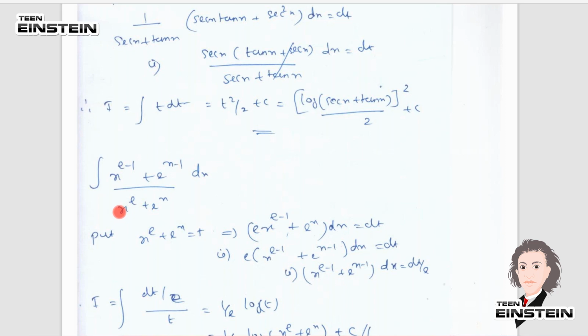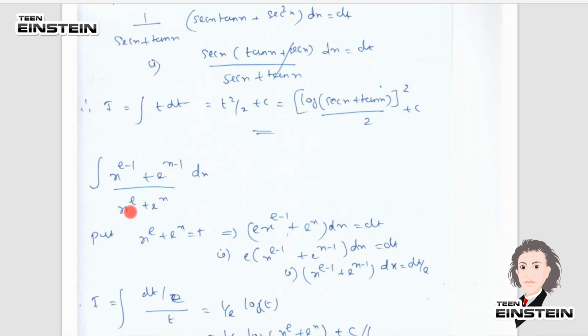Here e is like 2. The answer is e x to the power e minus 1.